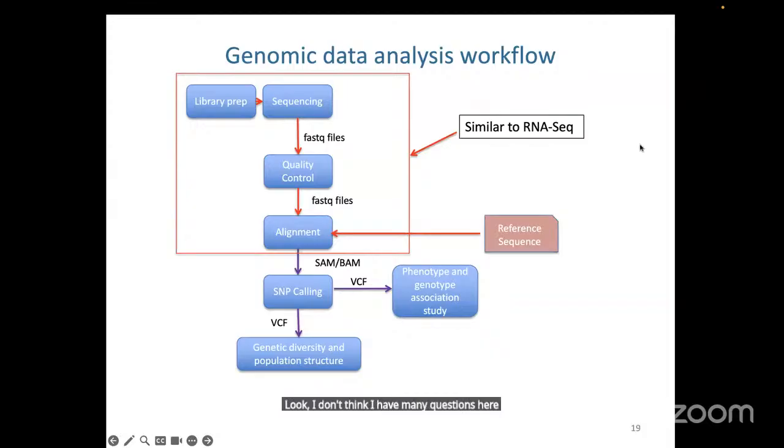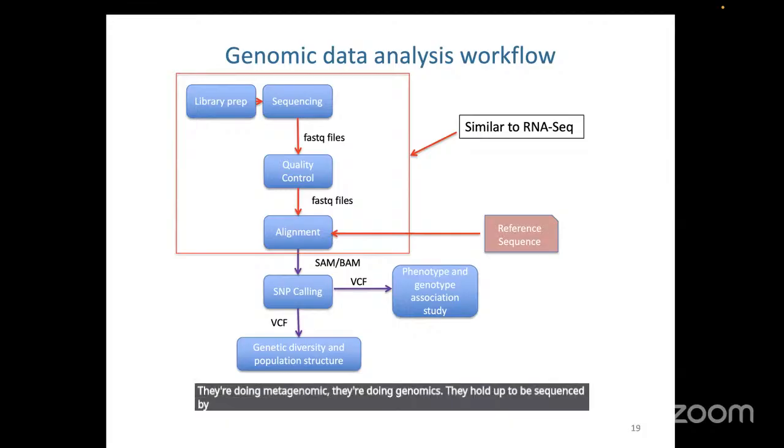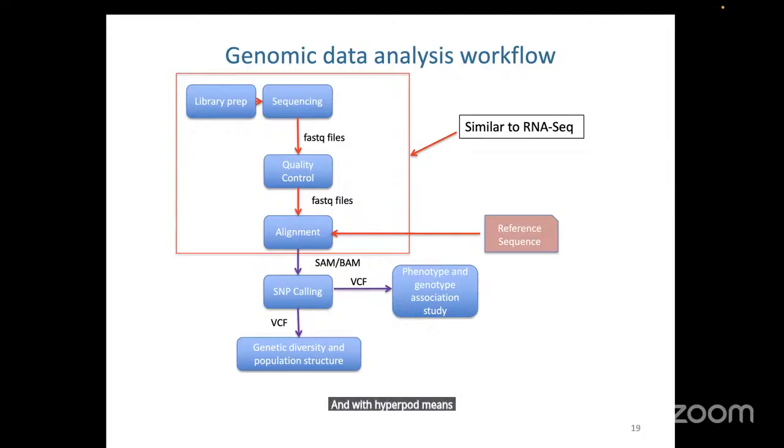Okay, so this is where we're going to start doing the analysis. When you're doing RNA-seq, metagenomics, or genomics, they all have to be sequenced by what's called high throughput, which means you're sequencing in bulk.